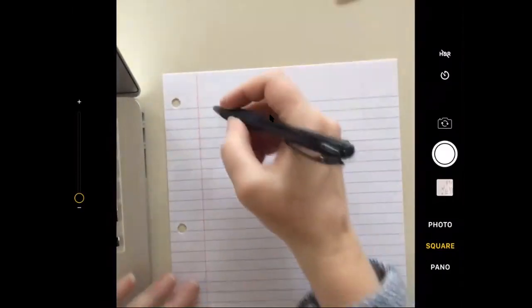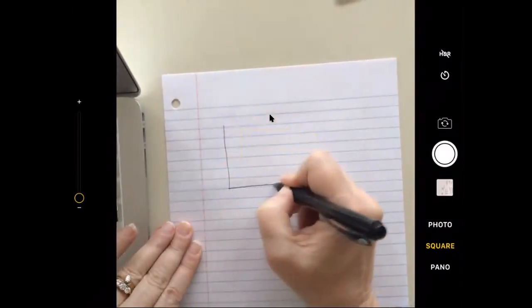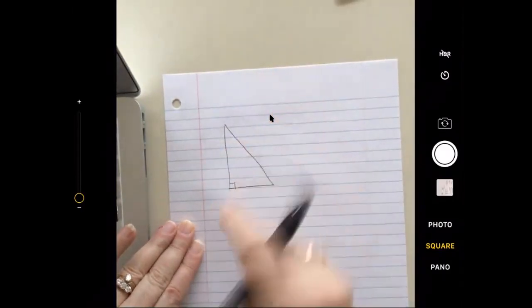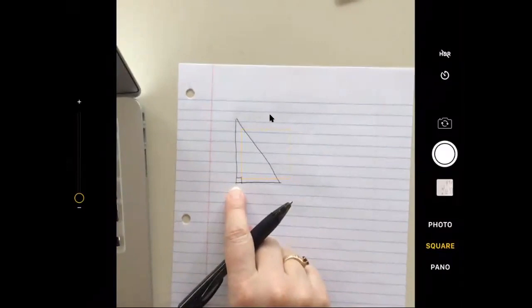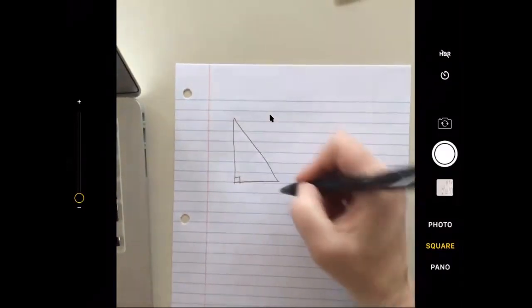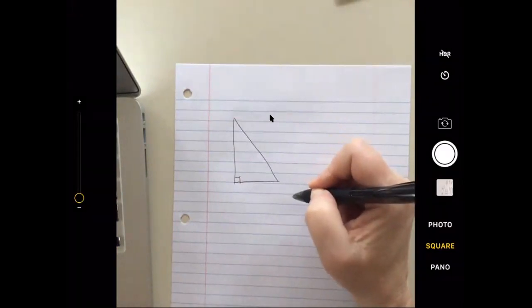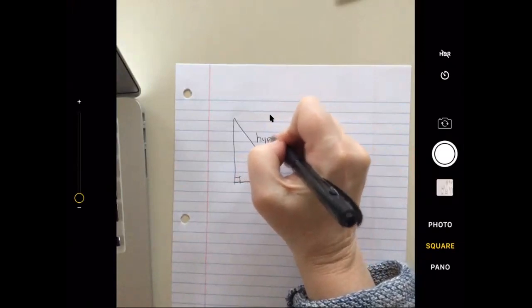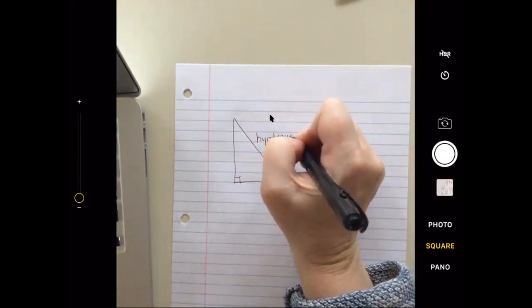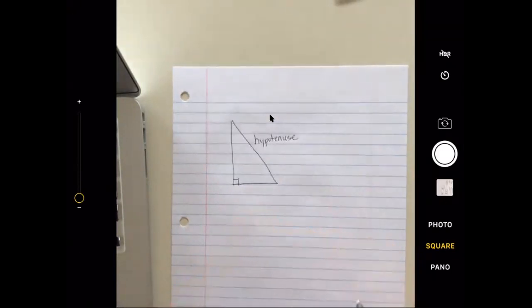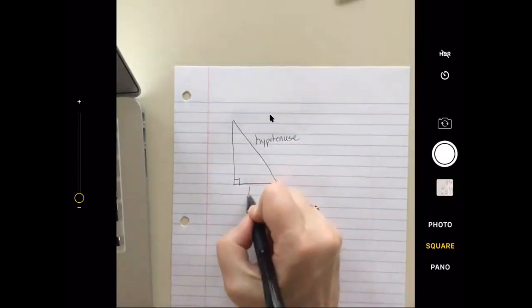So when you've got a right triangle, that little box is always in the right angle. The one that's across from it is always the diagonal side, the longest side of the triangle. That's called the hypotenuse. The two that meet to make the 90-degree angle are called the legs.